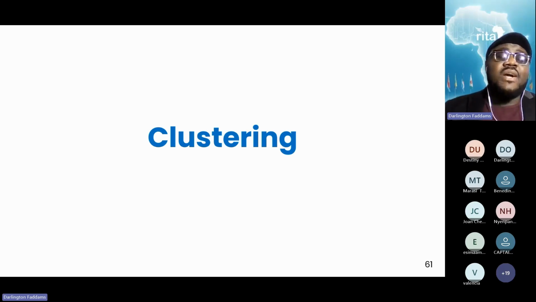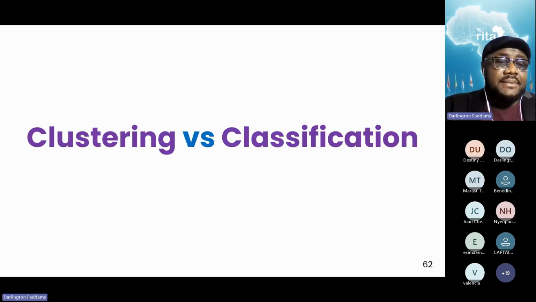And I'm also going to give you one word from the camp of supervised learning. At the end of the day, you realize that they are similar. So I'm going to give you two words. One is called clustering and one is called classification. This is why I asked you to type classification, and now we are going to look at clustering.